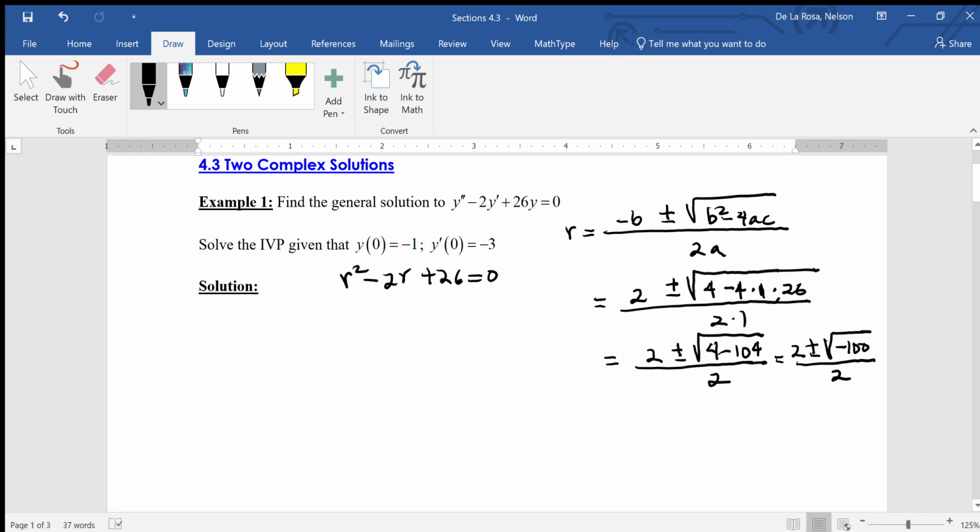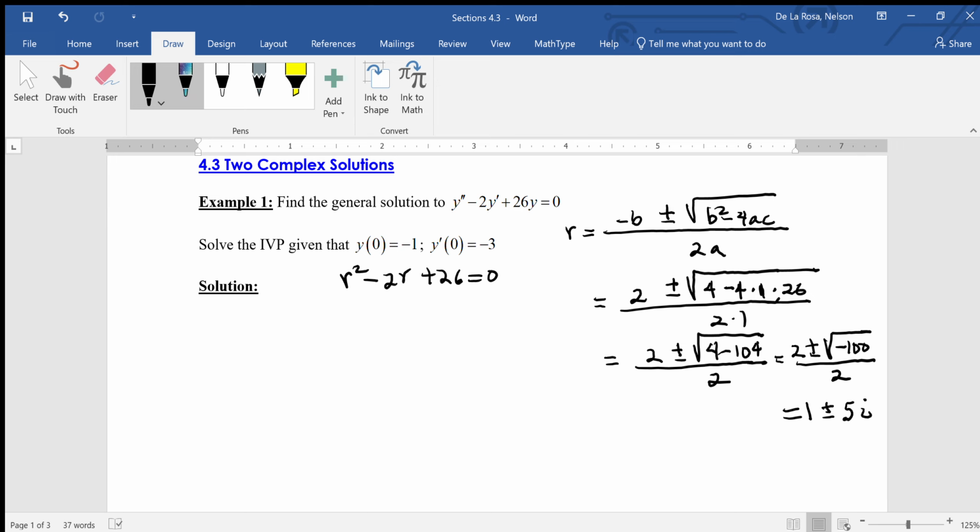And then simplifying, you know that square root of negative 100 is 10i, so finally 2 divided by 2 is 1, plus or minus 10i divided by 2, which is 5i.